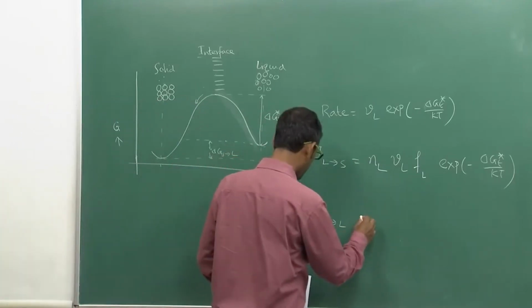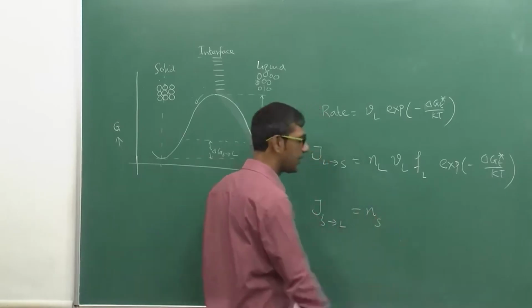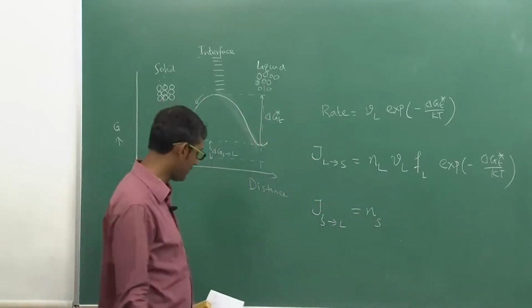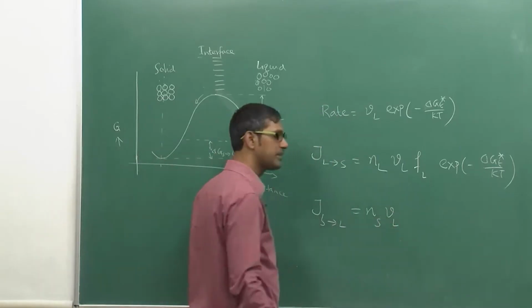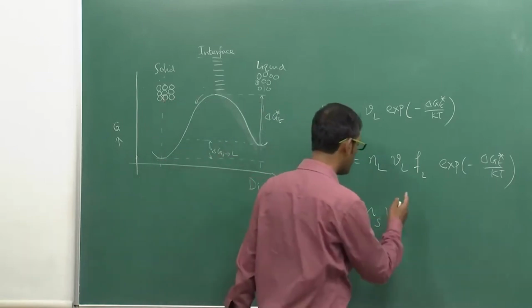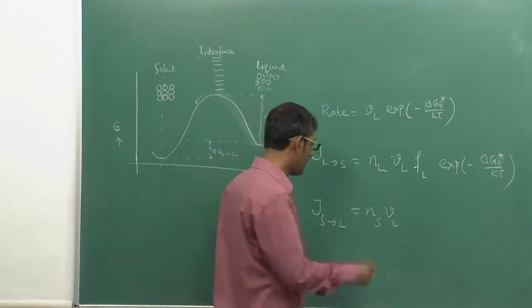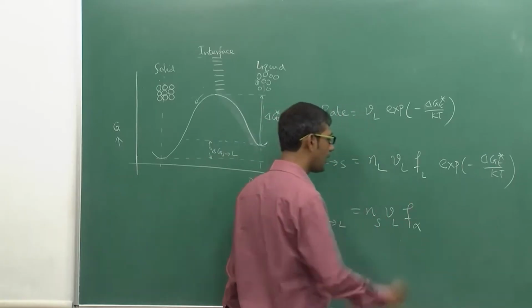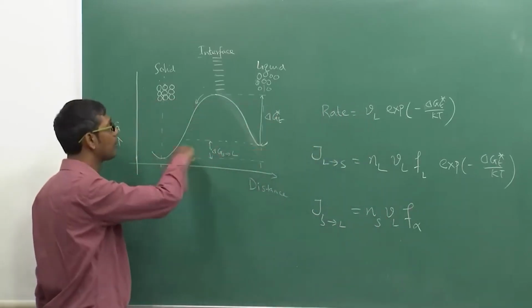For the solid to liquid, NL will be substituted by NS, the number of atoms. Again the frequency; you can write the frequency as that of the solid also, but it does not matter because the frequencies of the vibrations remain almost the same. And then not all atoms may be able to go back, because if they have to go back they have to again cross the barrier.